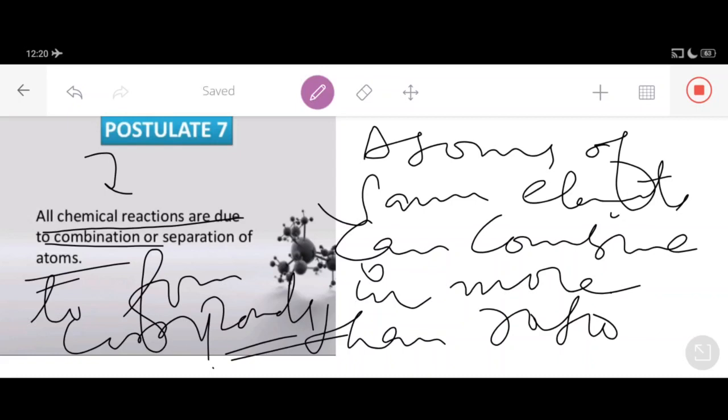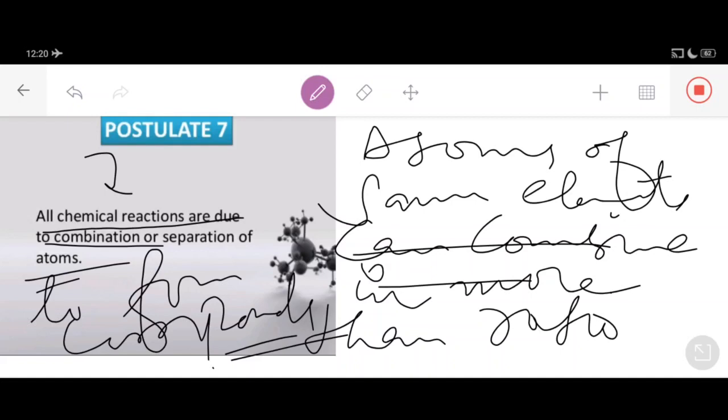Postulate 7 is telling us that atoms of the same elements can combine. We were discussing the atoms of different elements; now we are discussing the atoms of the same elements, my dear students. The seventh postulate is that atoms of the same elements can combine in more than one ratio to form more than one compound.